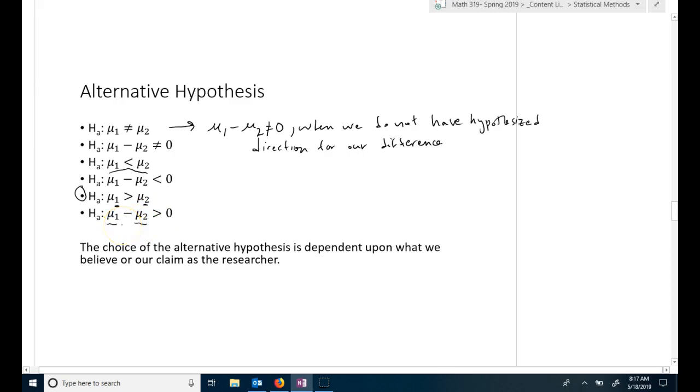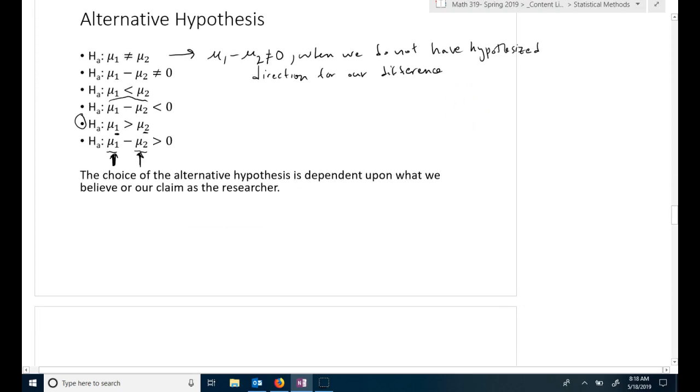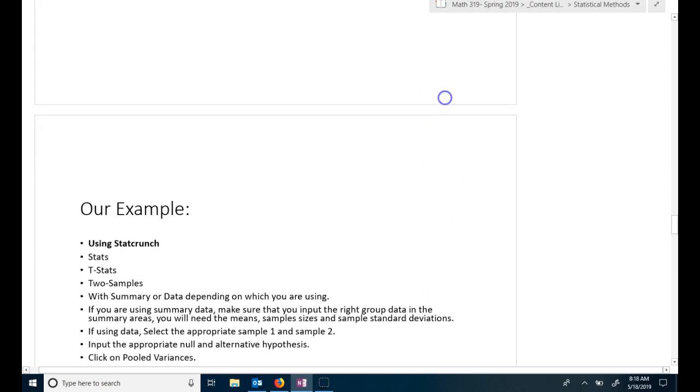That is because we believe that the average for the no bed rails group is going to be higher than the average number of falls for the bed rails group. And so that's mu1 minus mu2 is going to be greater than 0. Again, the choice of the alternative hypothesis is going to be dependent on what we believe our claim is as a researcher.